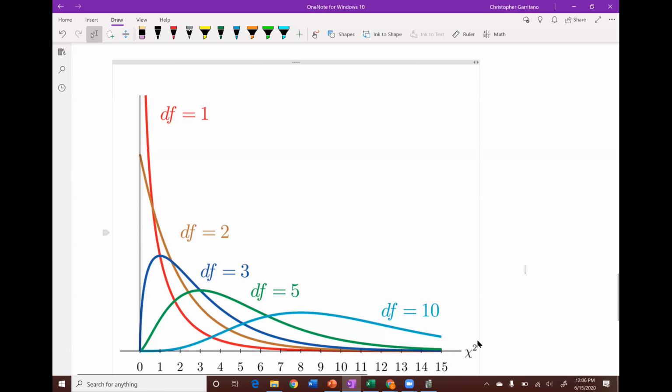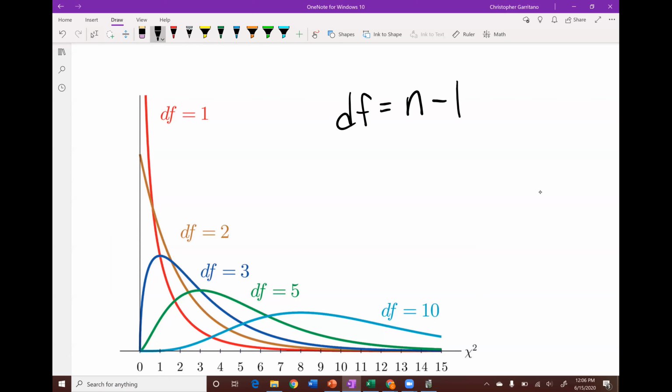All right, so these are chi-squared distributions with varying degrees of freedom. Degrees of freedom, by the way, is equal to n minus 1, where n is the number of values of the categorical variable that you are studying, so the number of possible values that variable can take on.